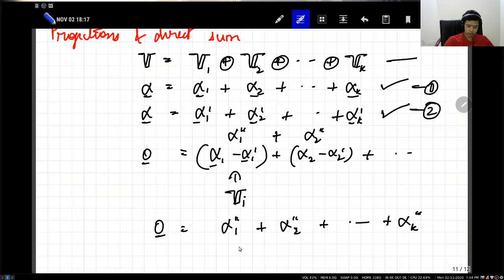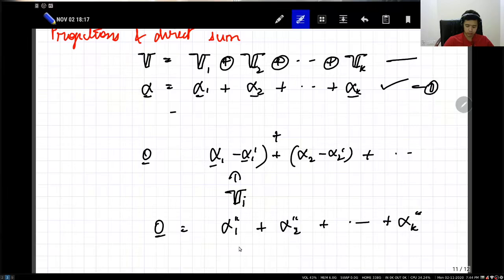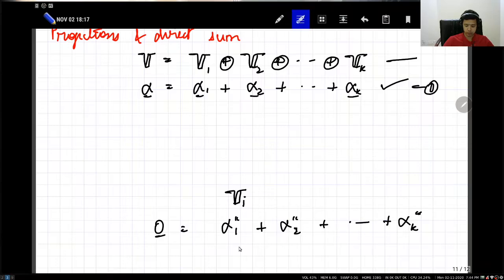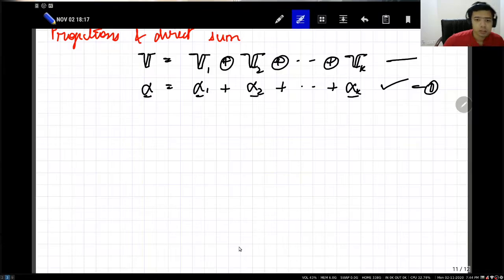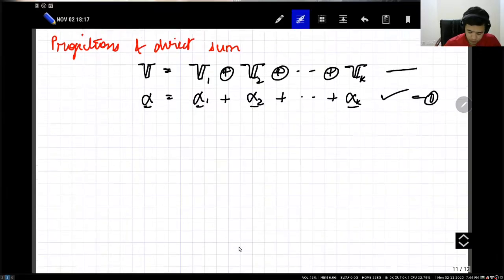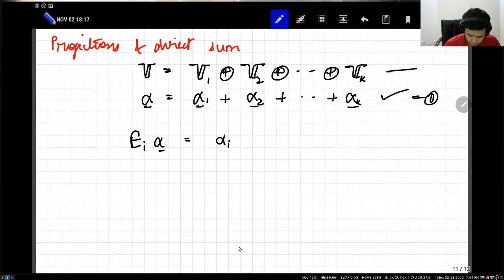So as a result, every vector in Rn can be written uniquely as a sum of vectors from each of the Vi's, right? And since this is the case, I'll define a transformation Ei. Since this representation is unique, I'll define Ei of alpha equal to alpha i, right?